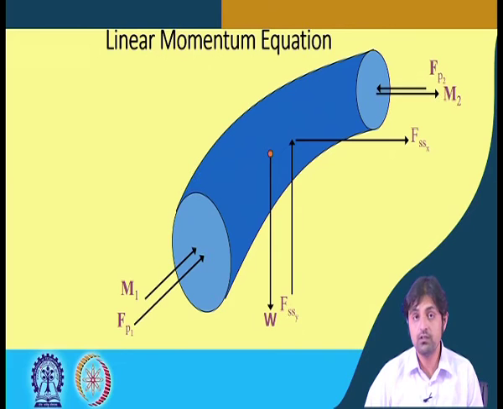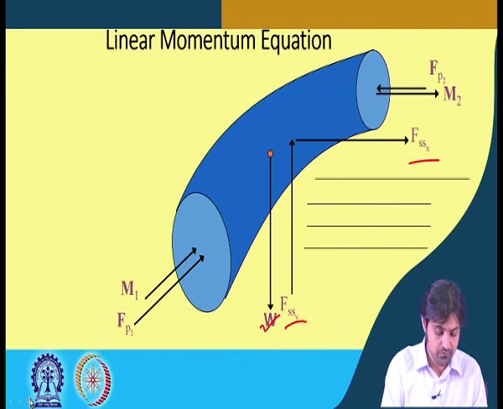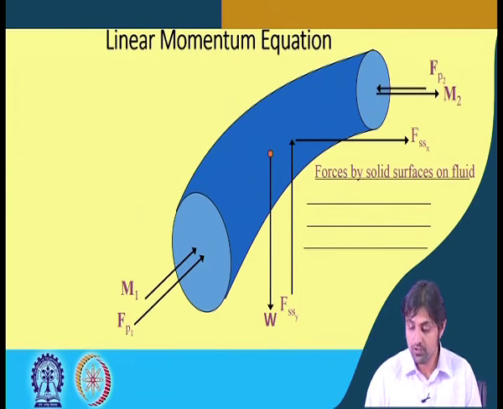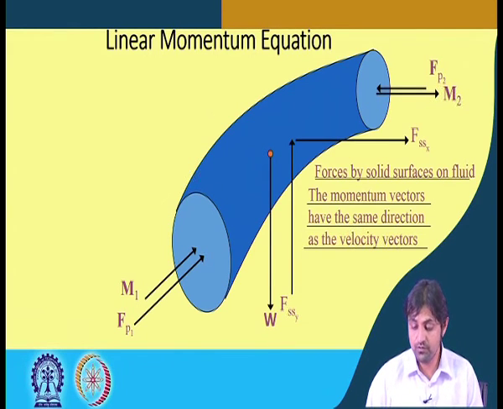Now going to a zoomed figure, we have indicated what M1 is and the forces due to the different pressures or shear. This is the weight, and these are the frictional or shear forces Fssx and Fssy, the components of the shear forces in two different directions. Forces by the solid surface on the fluid, and the momentum vectors have the same direction as the velocity vectors.